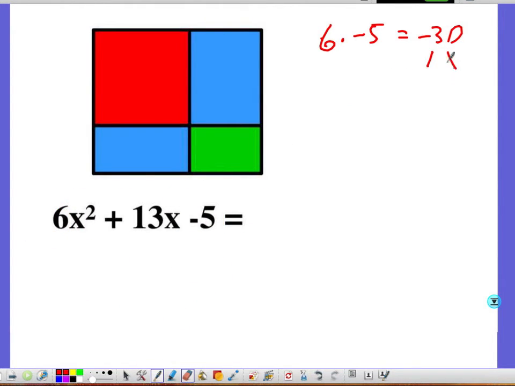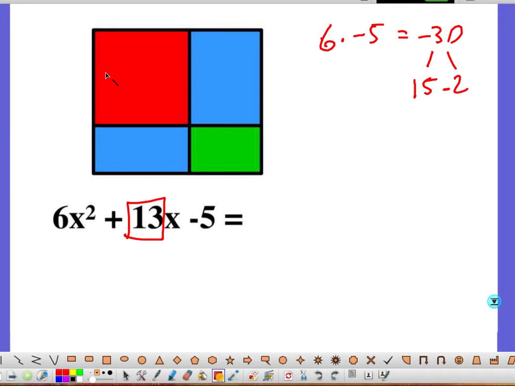and we want to find the factors of negative 30 that add up to 13, and we found the factors to be 15 and negative 2. Okay. Now, since we aren't using the box method, we're not looking at this anymore.